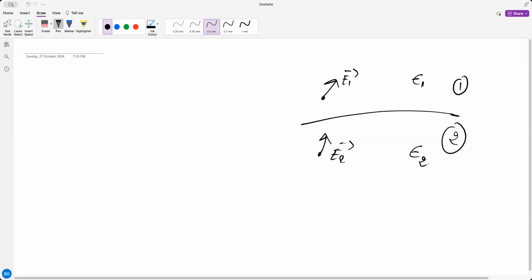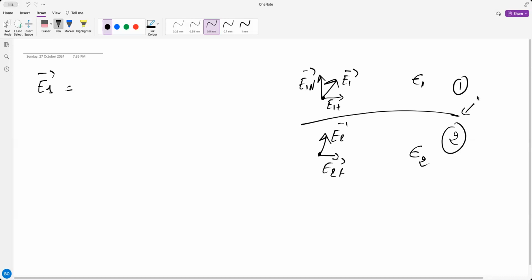So what we are trying to do, we know that E1 has a component along the x-axis. We call it tangential component and normal component. E1 tangential and E1 normal. The same thing, E2. So E2 has tangential. Tangential means tangent to the interface.